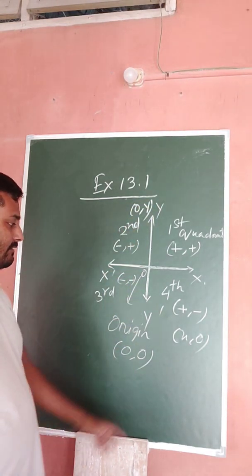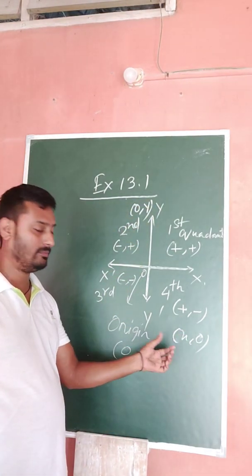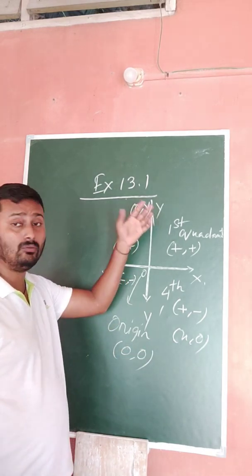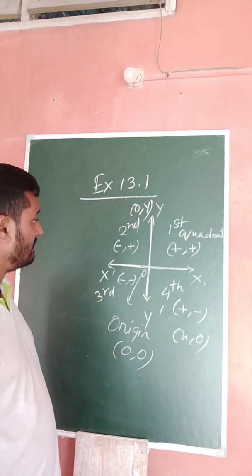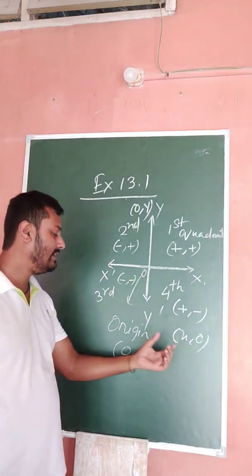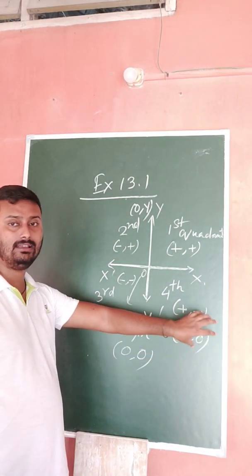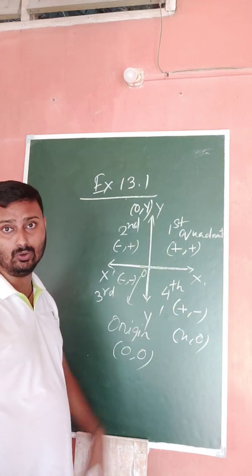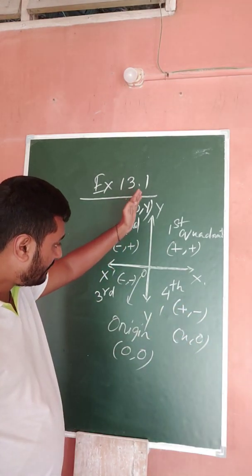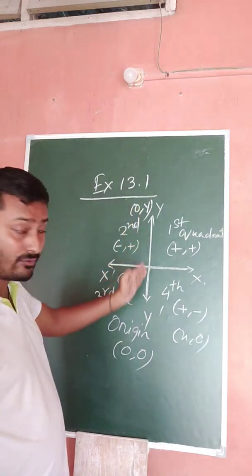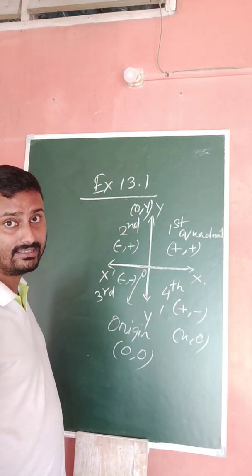The value of x may be 1, 2, 3, 4, or the value of y may be 1, 2, 3, 4, minus 1, minus 2, minus 4. But remember one thing: for any point that lies on the x-axis, the y coordinate is 0.